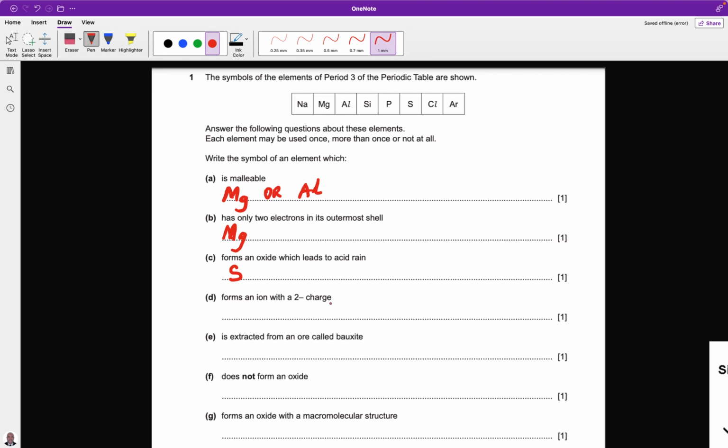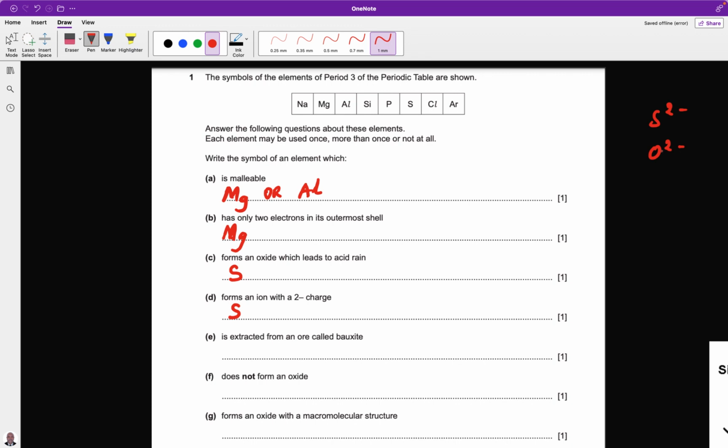Elements of group 6, or what the modern periodic table calls group 16, for example sulfur and oxygen, will form an ion with a 2 minus charge. And for this, it is sulfur, S. So sulfur will definitely form a 2 minus ion. If oxygen was there, it would form something like this. All of them are group 6 or group 16 elements.